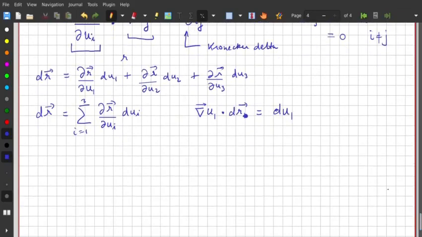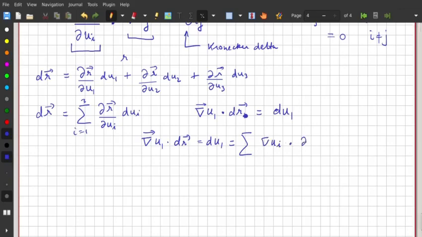Okay, so if we write this product grad u1 dot dr, this is du1, and this could be written using the summation we already have, which is the sum of grad ui dot partial r partial ui dui, where i goes from 1 to 3.